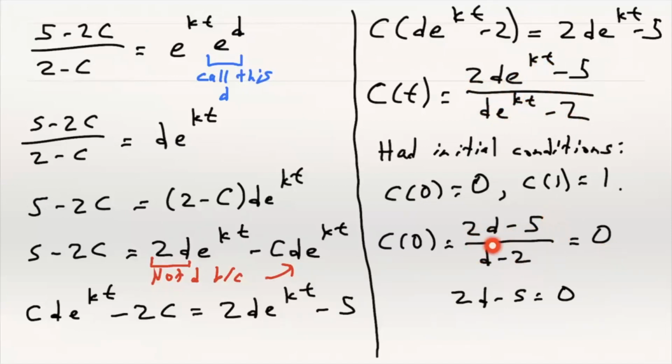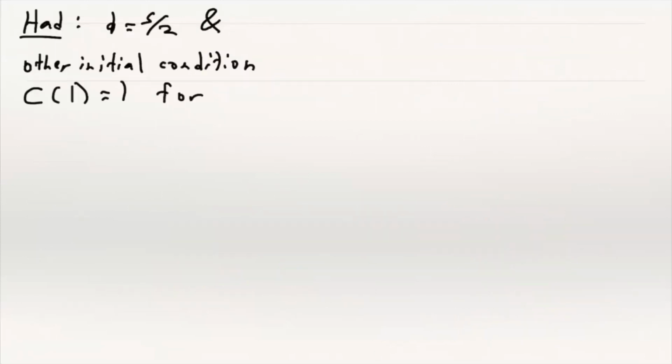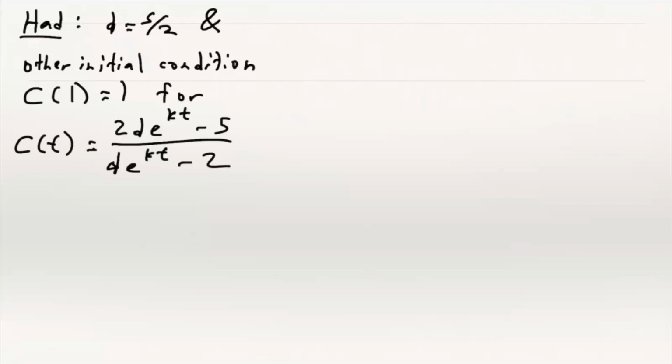Only way for that to be true is for the numerator to be 0, and thus we get that d is 5/2. So we had that d is 5/2, and our other initial condition was that c of 1 was 1 for our differential equation that looked like that.